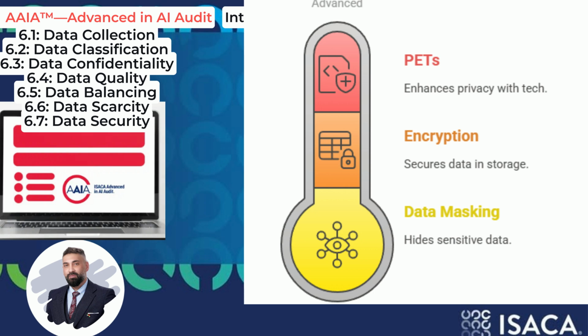The importance of data confidentiality in AI is multifaceted. It's fundamental for protecting sensitive information, including personal data, trade secrets, and other proprietary business information. It's essential for compliance with data protection laws like GDPR and industry regulations. It builds and maintains trust with customers, partners, and the public. If people don't trust you to keep their data confidential, they won't engage with your AI systems.